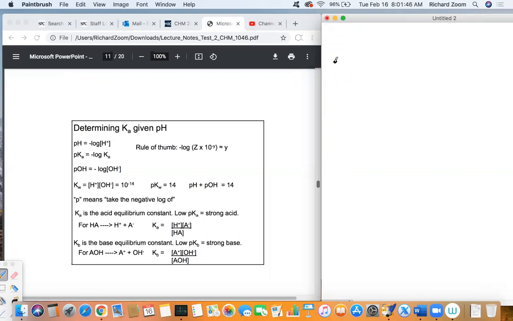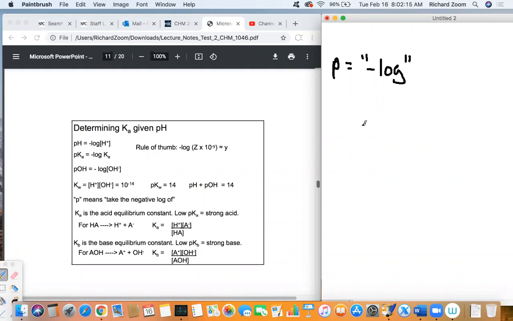And when we're talking about this little p here, the little p actually means simply take the negative log. So minus log of something is what the little p means. So pH is negative log of H plus, pKa is negative log of Ka, pOH is negative log of OH minus.